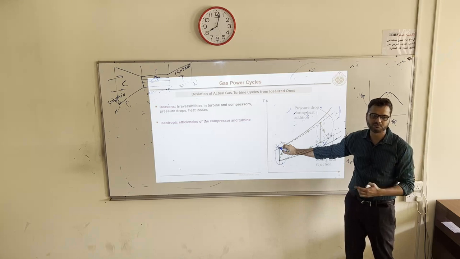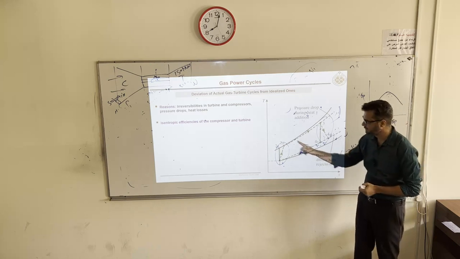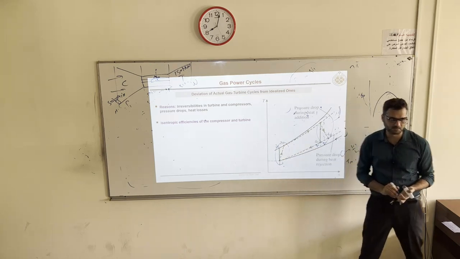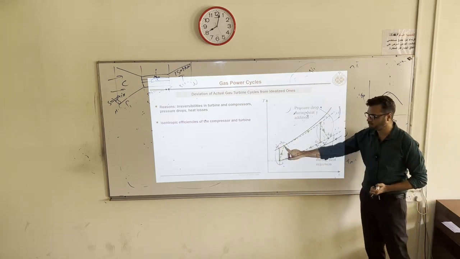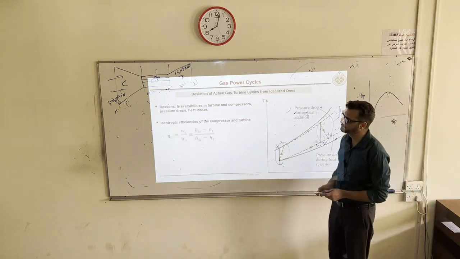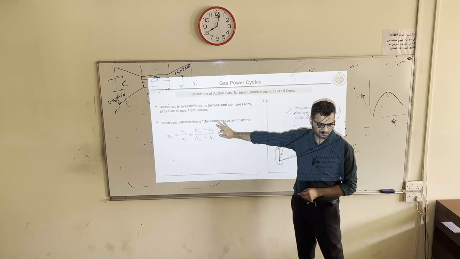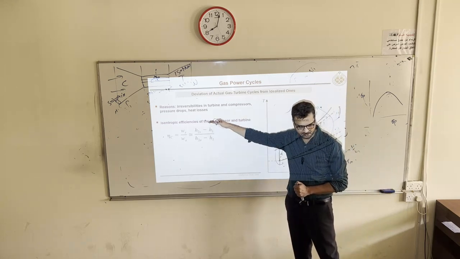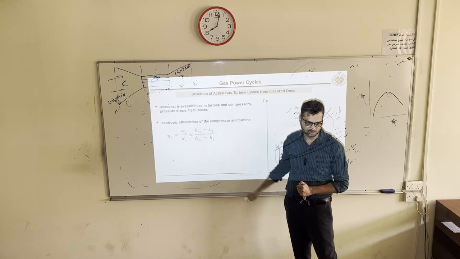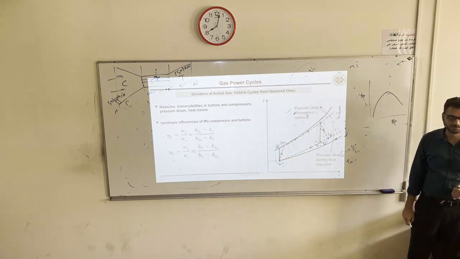If I say isentropic efficiency is 0.8 or 0.9, it means the remaining 10% represents the irreversible losses. So we can account for these irreversible factors by defining isentropic efficiency of compressor. You should remember what this was: isentropic divided by actual. And similarly for turbine, actual over isentropic.